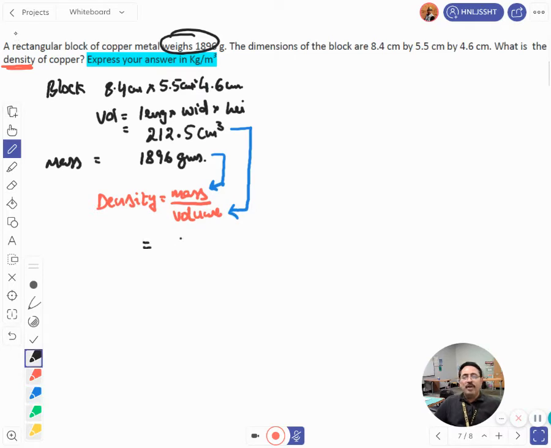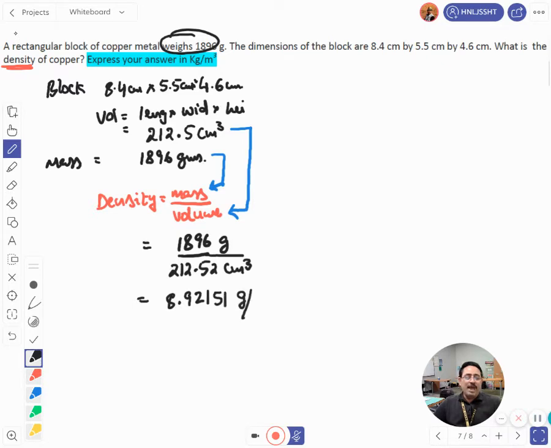Therefore, 1896 grams goes to the numerator. The denominator is 212.52 cubic centimeters. So let me take my calculator: 1896 divided by 212.52 is 8.92151.